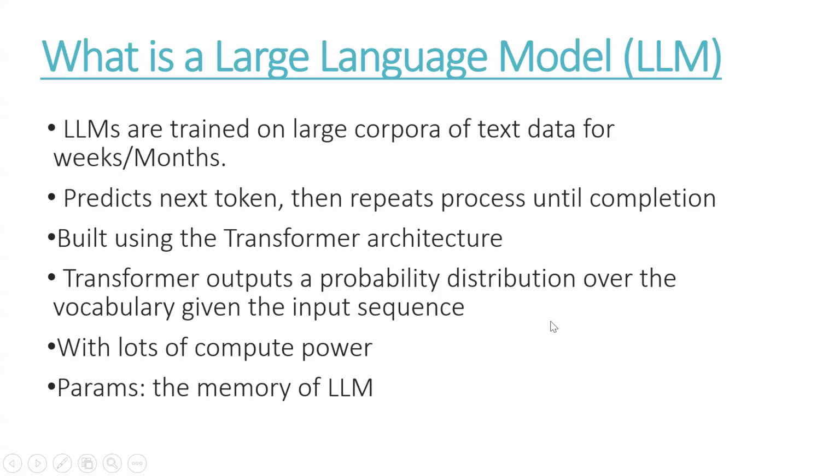Just like we say this hard disk is of 1 TB, that is the amount of data it can carry. Similarly, the number of parameters is the memory of the large language model. The more the parameters, the more its memory. Memory in the sense that it will be able to understand more and more complex patterns in the data.